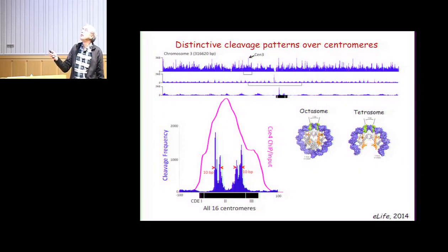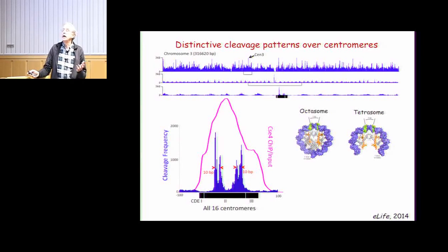And these models don't fit. They would predict cleavages in the middle, but more importantly, there's too much of a wrap over here that would be protected to account for this peak, which is too close to the edge of the CDE2, CDE3 junction. So these models are incompatible with the data.